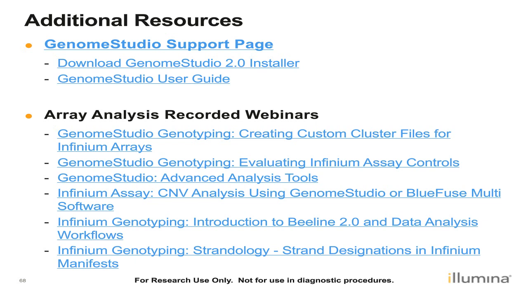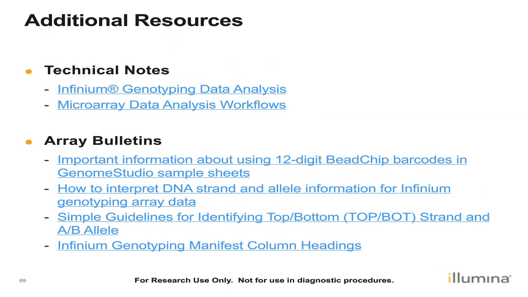These are links to the recorded webinars that I've mentioned throughout the webinar. There are also a couple of technical notes in the array bulletins that go over Infinium data analysis, as well as how to interpret strand designation and manifest column headings.